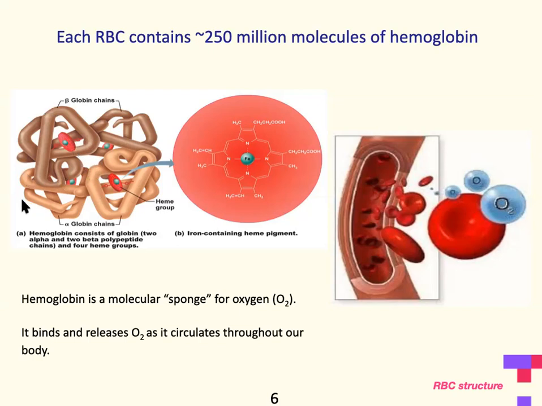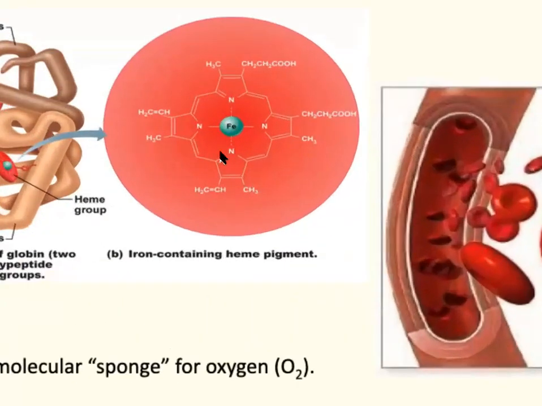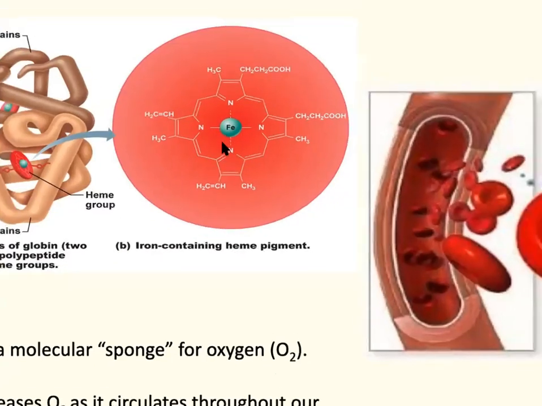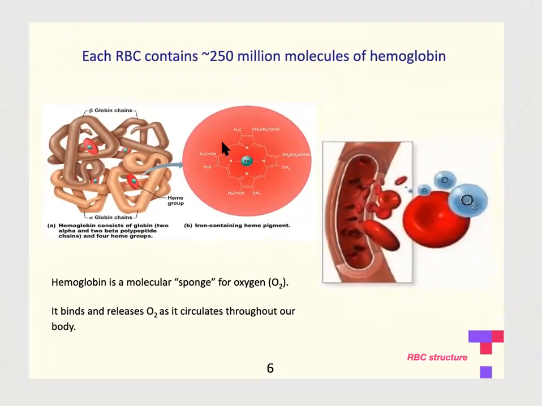It's made up of two alpha globin chains and two beta globin chains. Within each of these globin chains, we can find a heme group. This heme group has a porphyrin portion, and in the center we find an iron attached to it.